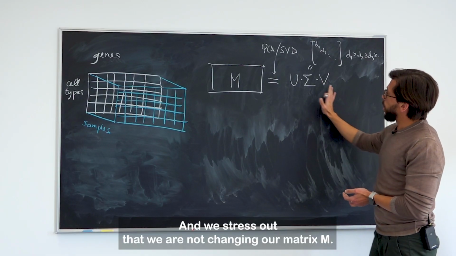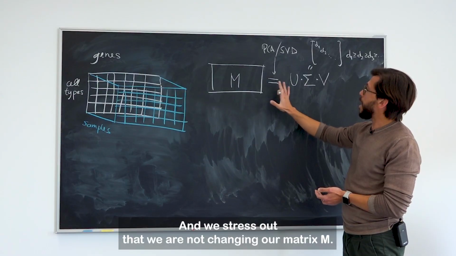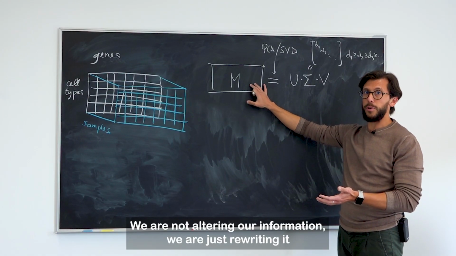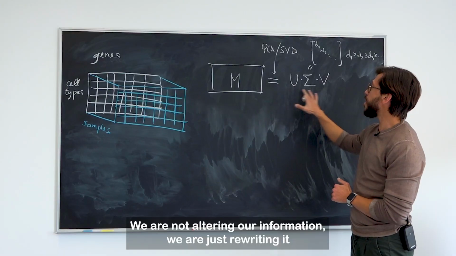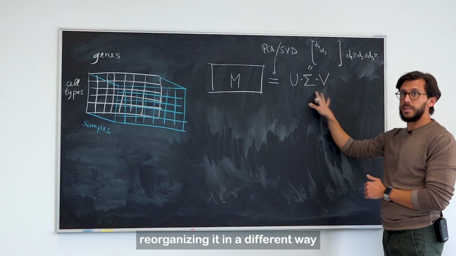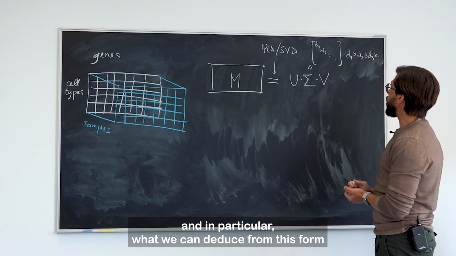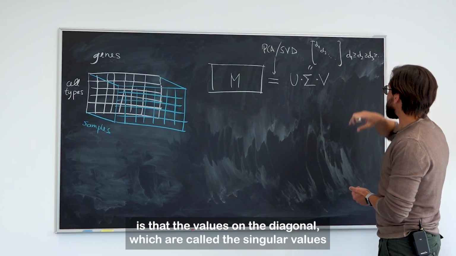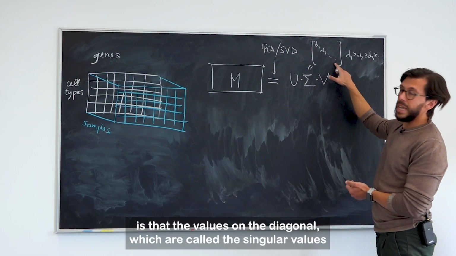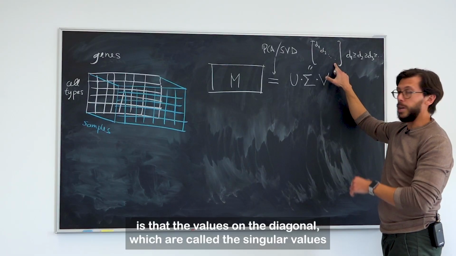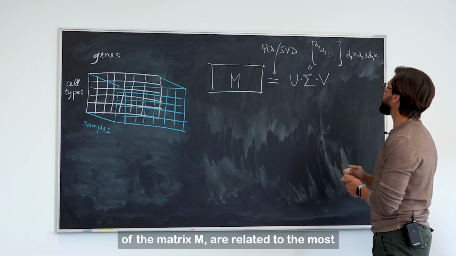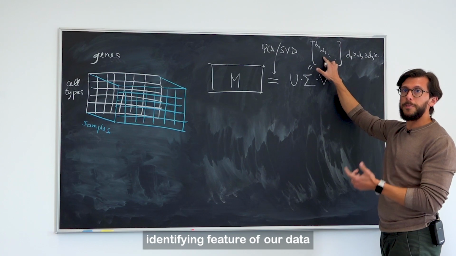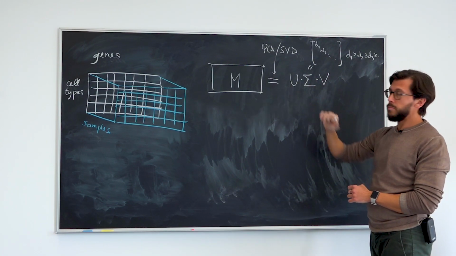And we stress that we are not changing our matrix M. We are not altering our information. We are just rewriting it, reorganizing it in a different way. In particular, what we can deduce from this form is that the values on the diagonal, which are called the singular values of the matrix M, are related to the most identifying features of our data.